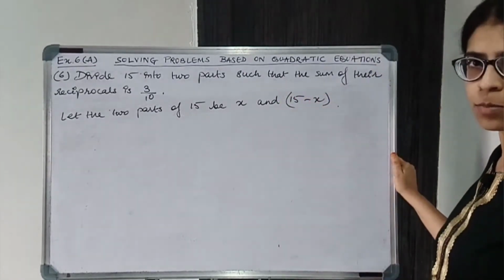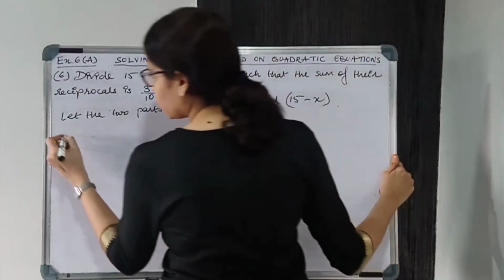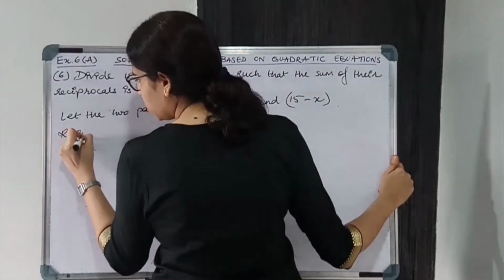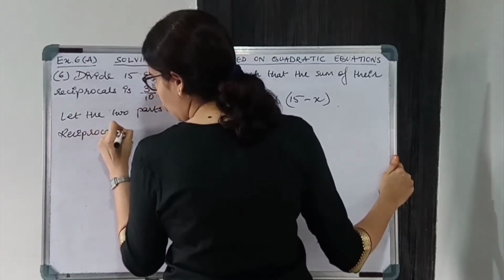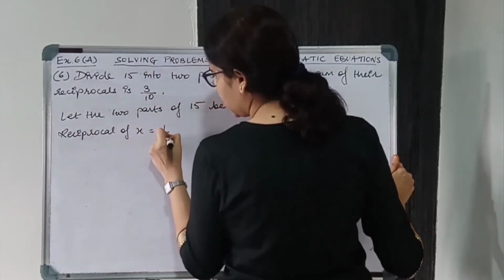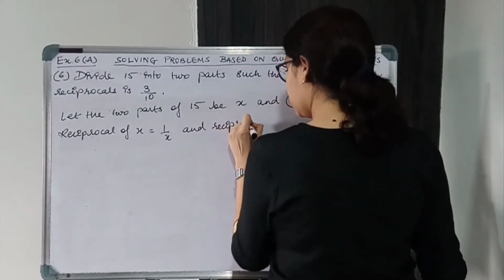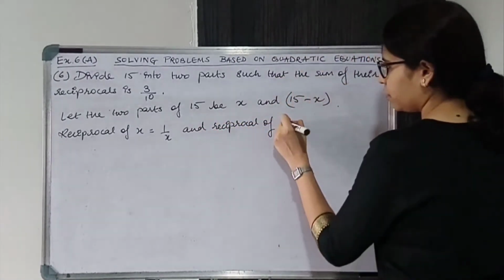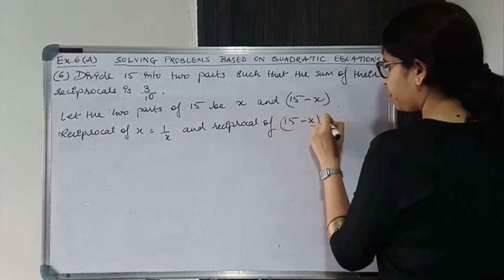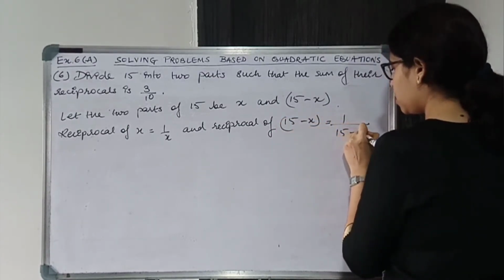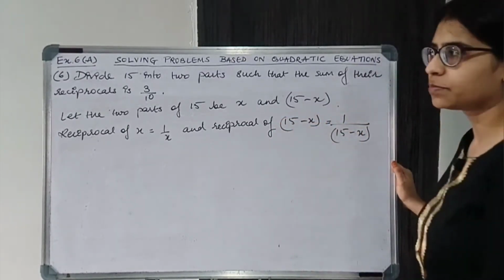Now let's take their reciprocals. So the reciprocal of x is 1 by x and the reciprocal of 15 minus x is 1 by 15 minus x. Okay.